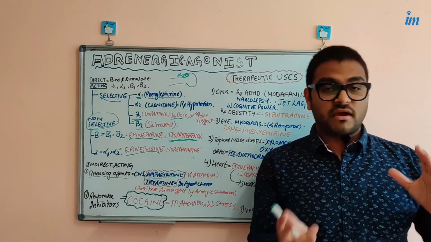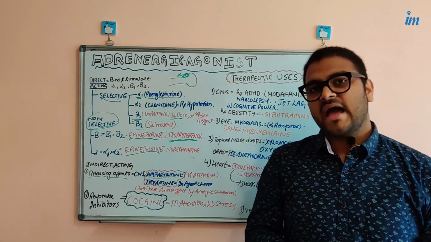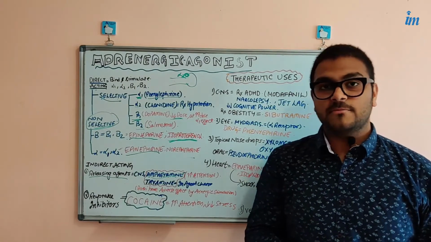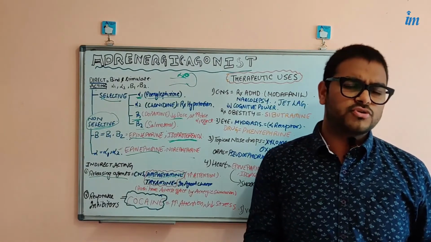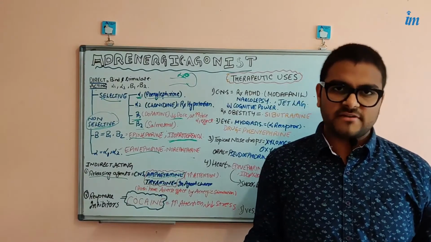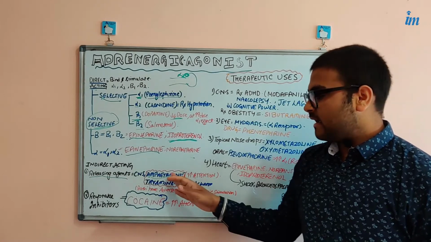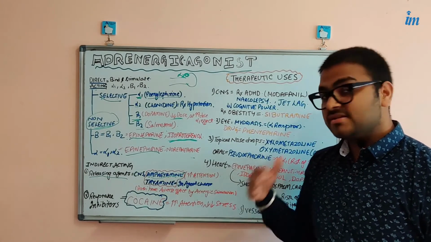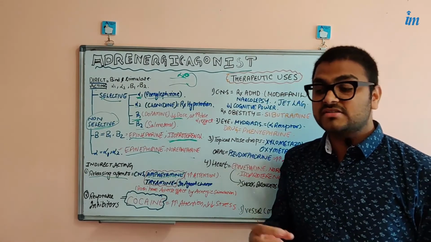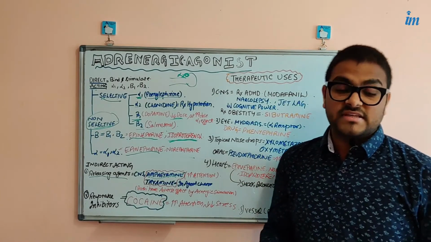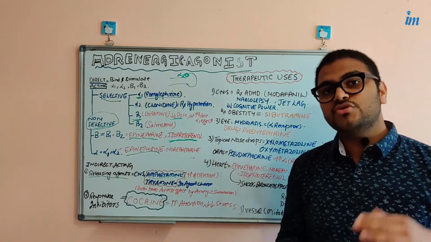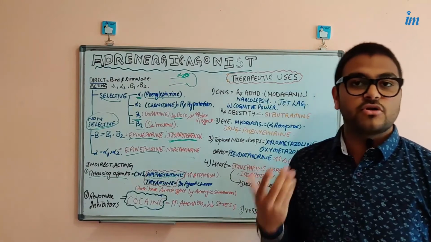Your brain is focused, you have good cognitive capacities, but with a high level it can also produce peripheral side effects. So at a lower level, what amphetamine produces is an increase in attention, an increase in cognitive capacities, increased learning. This is all produced due to increased norepinephrine in your brain.